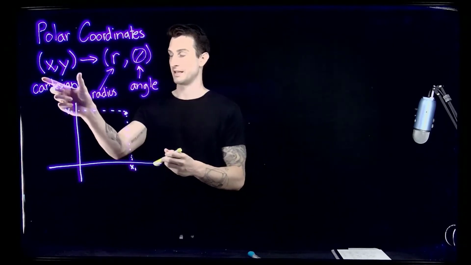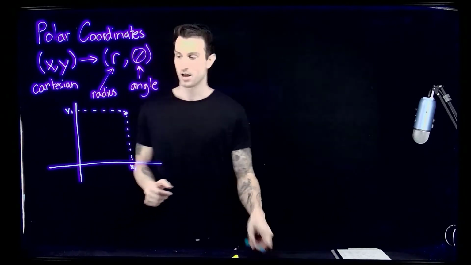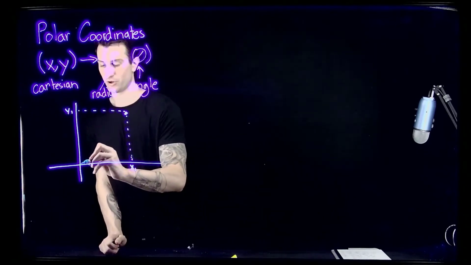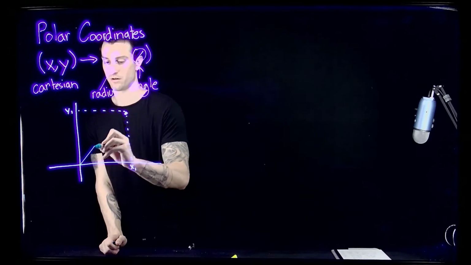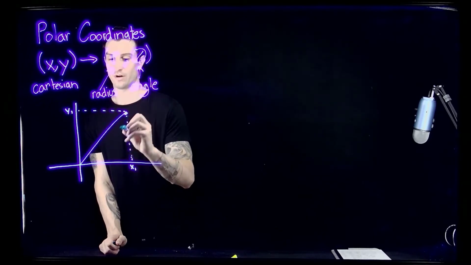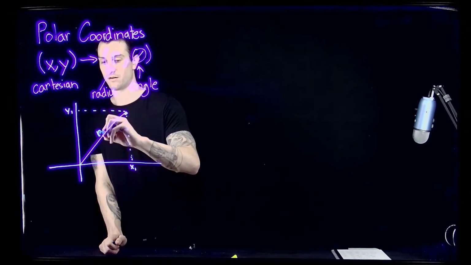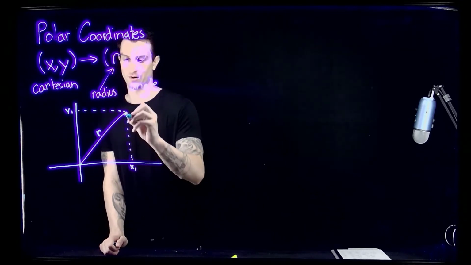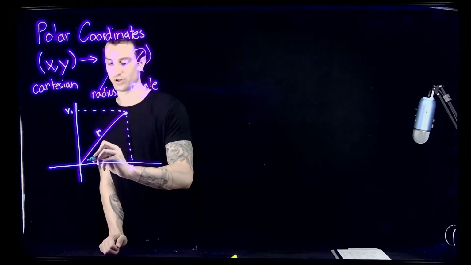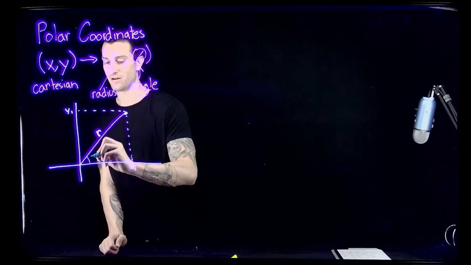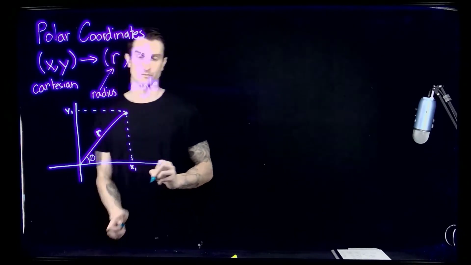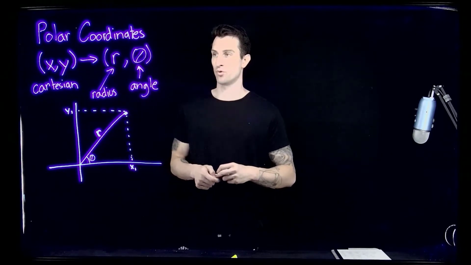So of course we can identify this as xy, but we can also go straight from the origin, draw a line to this point, and the distance will be the radius, whatever distance it is to the point from the origin, and it will have an associated angle, theta, with it. So another way to identify points.